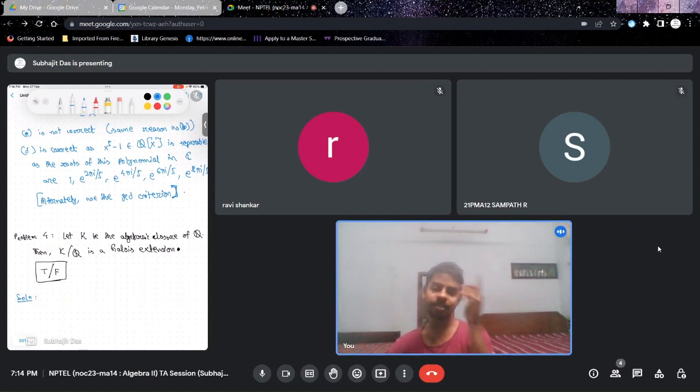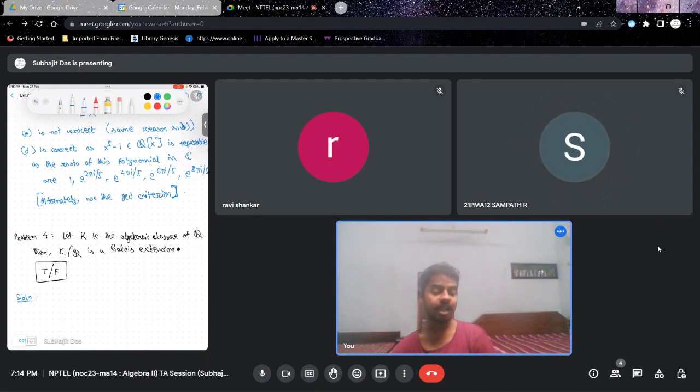And that common field, should you choose to assume that this extension is algebraic, is called the algebraic closure precisely. It's an algebraic extension of the base field such that every non-constant polynomial over the base field has all its roots in this extension, or splits completely into a product of linear factors in this extension. Okay, this is what we mean by algebraic closure.